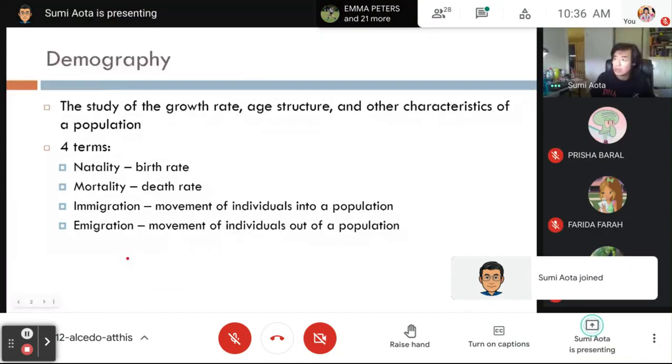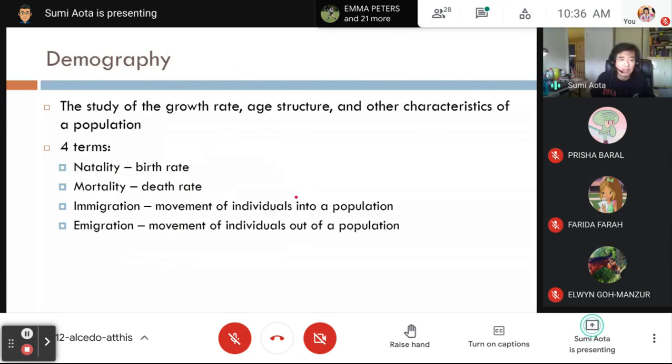Thank you. Demography. There are four terms that you need to know. Okay, that's natality, mortality, immigration, and emigration, because these are the four factors that basically, when they change, will change the size of a population. Natality is the birth rate.